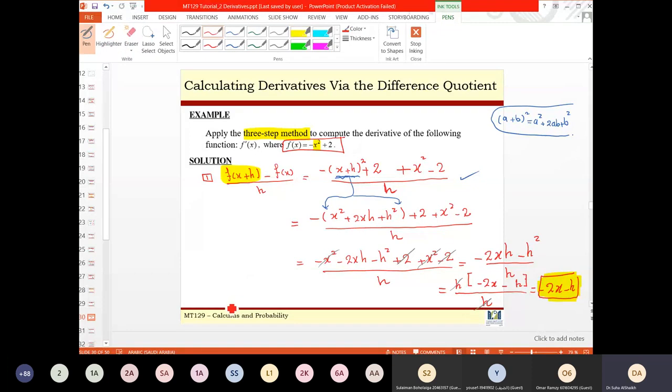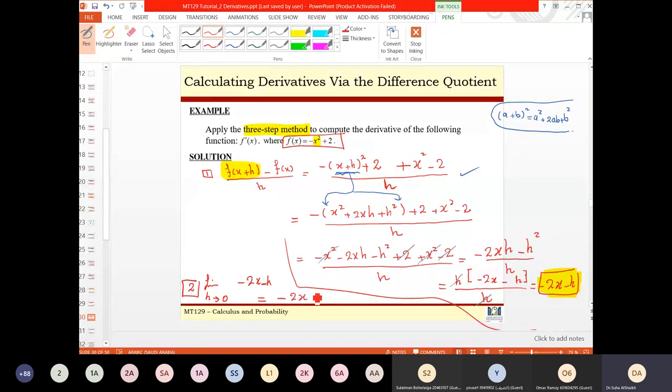So that was the step 1. Step 2, we find the limit لما ال h go to 0 بمعنى we substitute with 0 بمعنى نغير ال h to 0. And this result in the minus 2x minus h. This equal to what? أنا لو عوضت بال h ب0 this will equal to minus 2x and this will be the result.